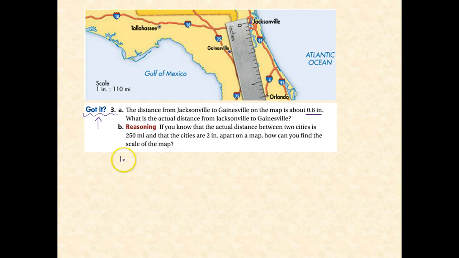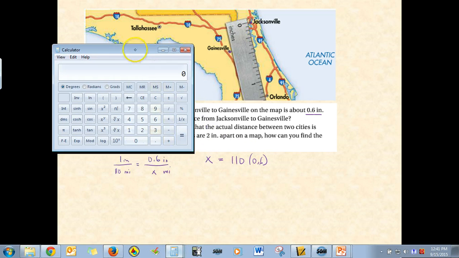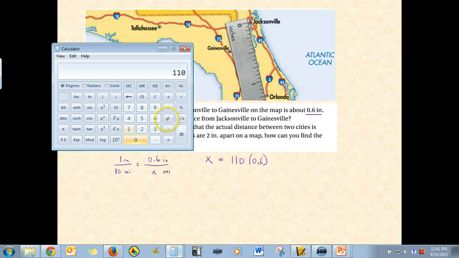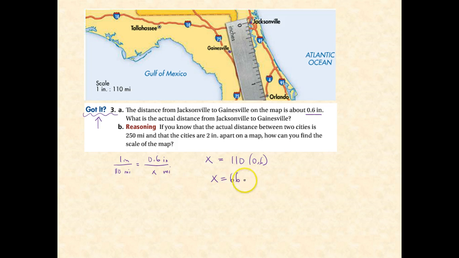Well, 1 inch over 110 real miles equals 0.6 map inches over x real miles. 1 times x is x. 110 times 0.6 is 66. So x equals 66 miles. So it's about 66 miles from Jacksonville to Gainesville.